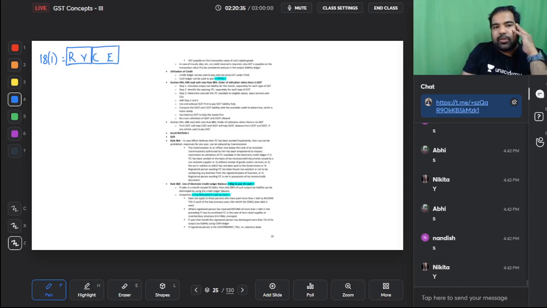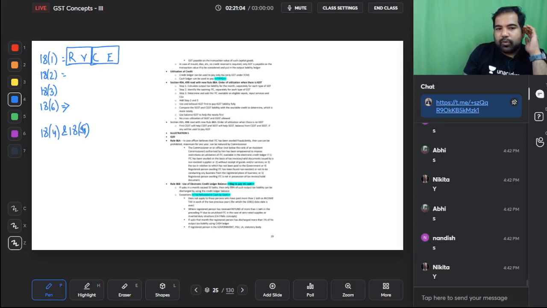Here you get ITC on stock as well as on the capital goods, 5% per quarter you have to minus. 18.2 says that you will get stock ITC, but the stock does not have to be too old, maximum 1 year old. 18.3 says sale, exchange, amalgamation, merger. In that, the next entity will get ITC. And 18.6 is for sale of asset within the 60 months. And 18.4 and 18.5 says forego, forego, forego. You can forego.